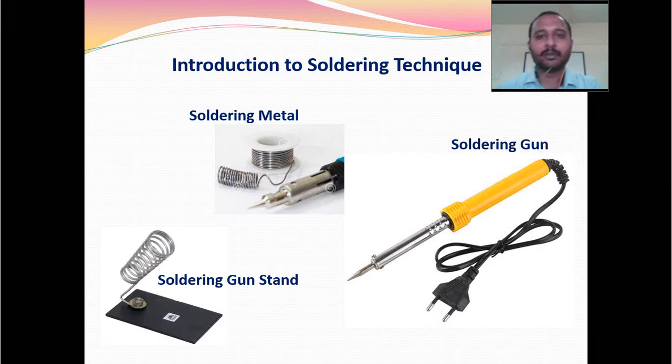It fills the gap and connects the two electronic components. So this is going to melt. And who will melt this? The soldering gun. And for what purpose are we melting it? We are filling this soldering metal into the point where we want to connect the two wires, or two electronic components.